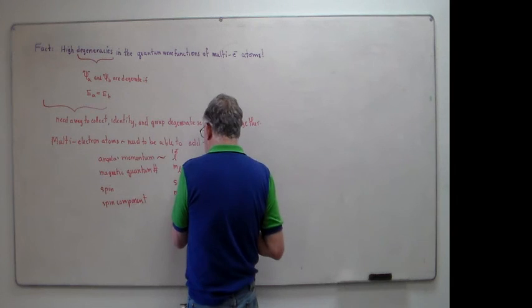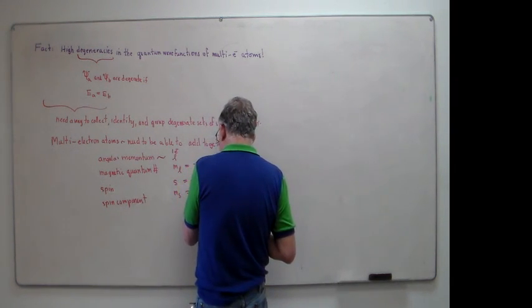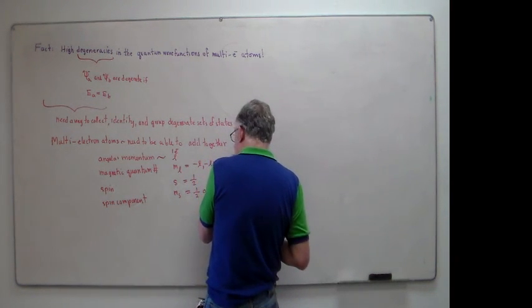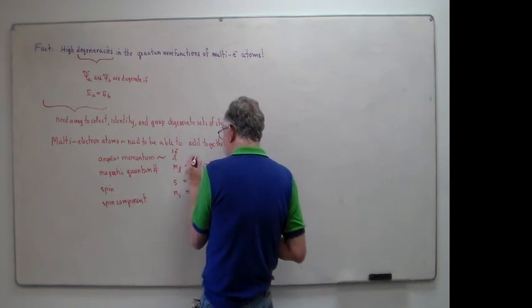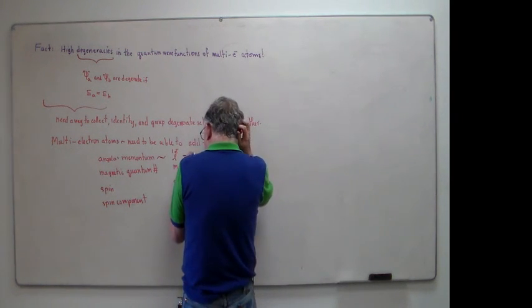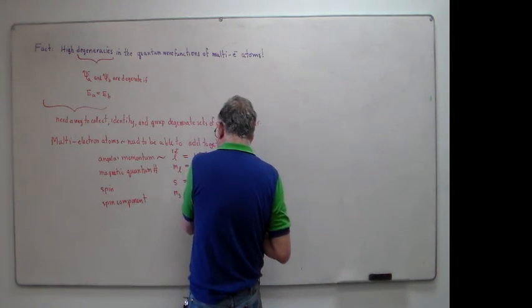M sub L can go from minus L to minus L plus 1 all the way up to plus L. And then L can take on the values 1, 2, 3, up to n minus 1.